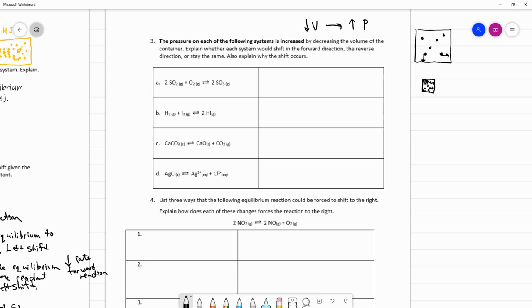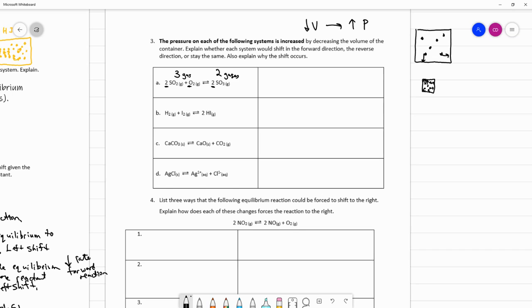So what happens when we do that? The thing to look at is how many molecules or moles, whatever you're thinking of here, what quantity of gas is on each side of the equilibrium arrow. On this side, we have 3 molecules of gas, and on this side, we have 2 molecules of gas. So increasing the pressure can be counteracted by decreasing the number of gas molecules.